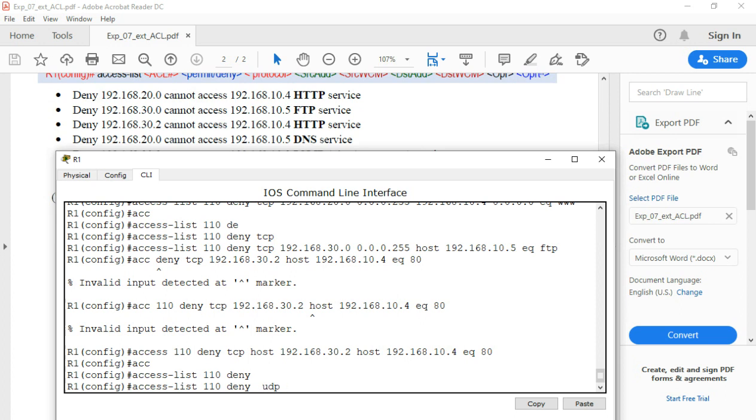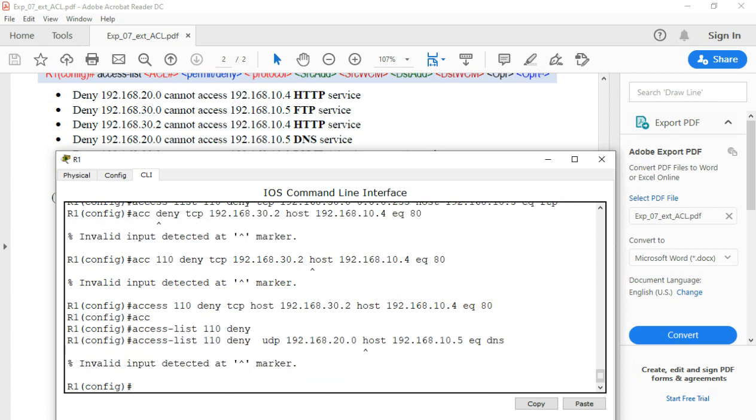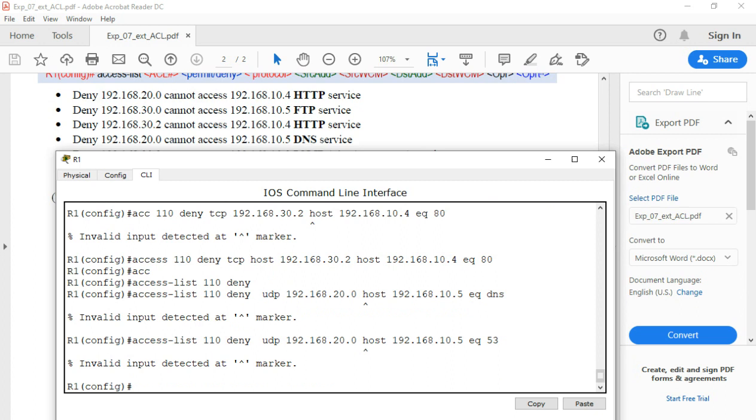Then the network, it is 192.168.20.0, and to access the DNS server, it is a host 192.168.10.5. No need to write the wildcard. And equal the DNS service, I think you can write DNS, or equal the port number, it is 53. What's the problem?